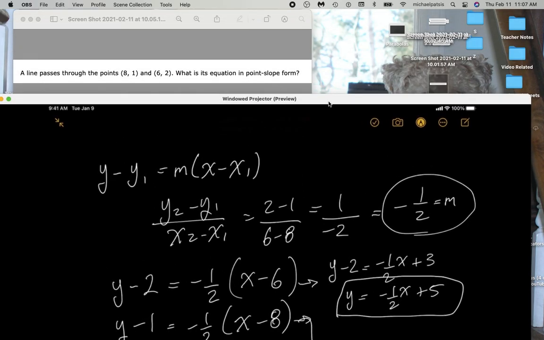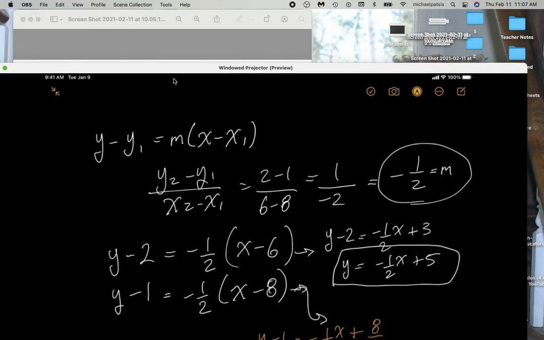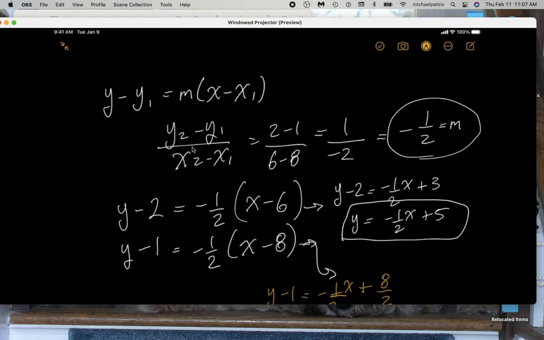We could pick either point. Call this one point A or point B. First time, we chose point B, 6, 2. We just plugged in. Here's our slope. Here's our x1. Here's our y1. Then, if we're asked to graph this, we convert point slope into y equals mx plus b.